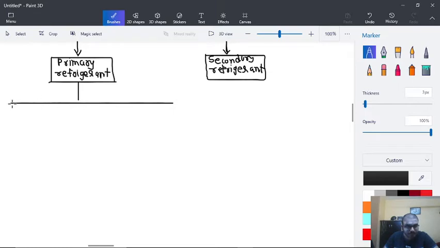Here first is halocarbon refrigerants, then we have azeotrope refrigerant, then inorganic refrigerant, and the last one is hydrocarbon refrigerant.